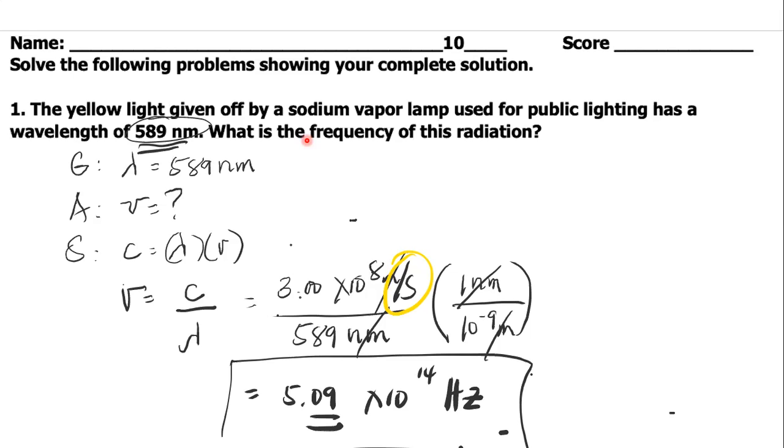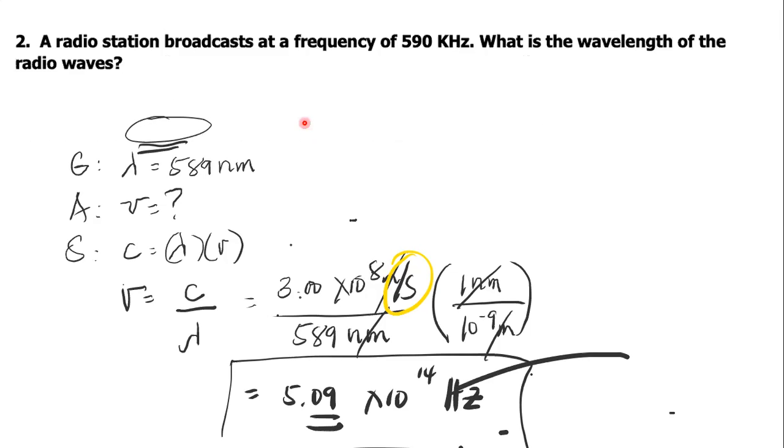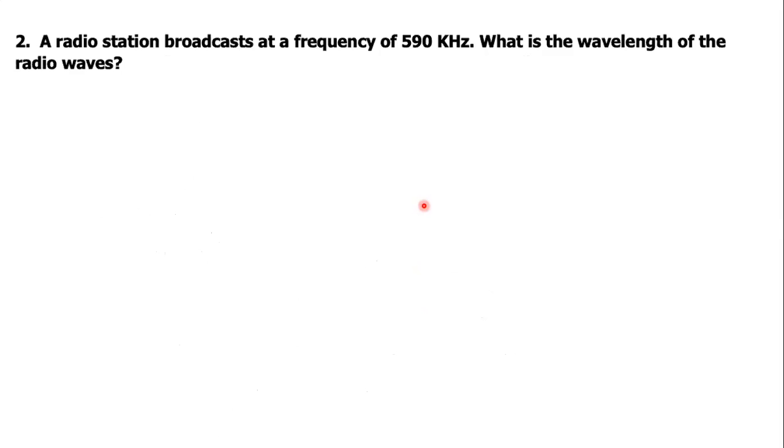Okay, so next we proceed to problem number 2. I'll be just presenting problems 1, 2, and 5, and 3 and 4 are for you to review. Allow me to clear the screen. Question number 2 is about a radio station broadcasting at a frequency of 590 kilohertz.